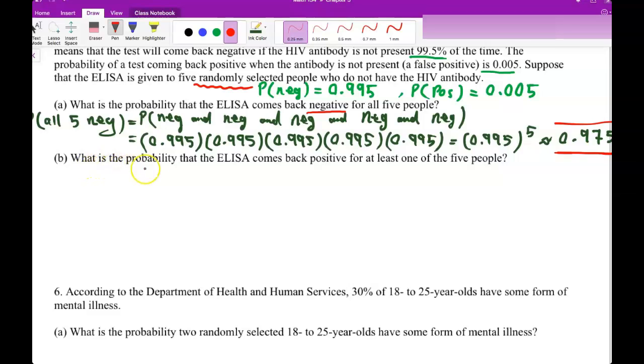Now part B, what is the probability that the ELISA comes back positive for at least one of the 5 people? Since I have at least, I should write 1 minus.